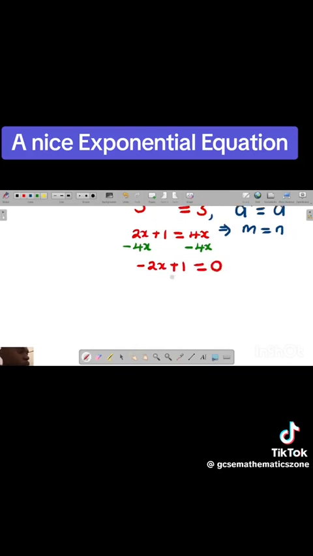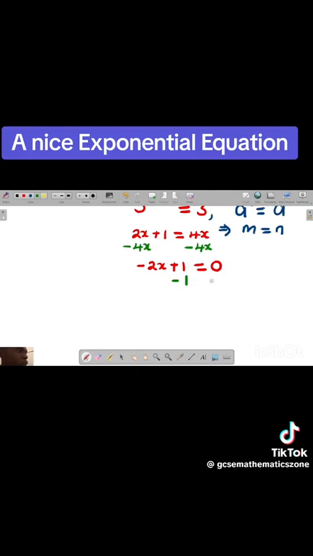At this point, we continue collecting like terms together. We want to find the value of x, so this term here has to be taken to the other side, and we are going to do that by additive inverse. This is positive 1. For us to remove this, we are going to subtract 1, so that 1 minus 1 becomes 0.